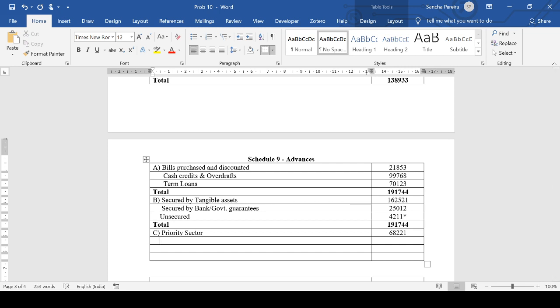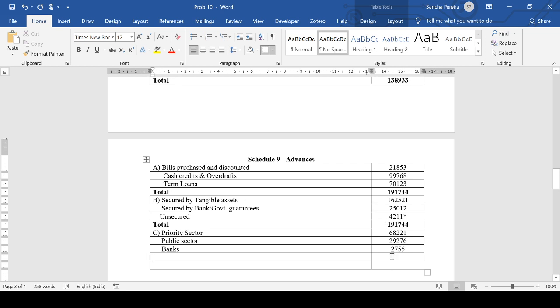Then there's another one which is given as public sector, which is 29276. Then we have banks, which is 2755. And now even if you total this, if you total and check, this total doesn't come to this.